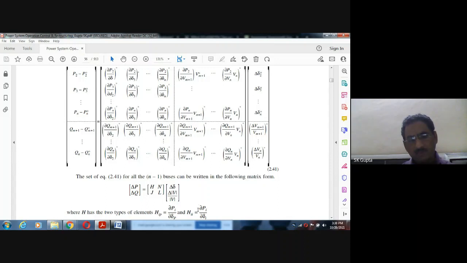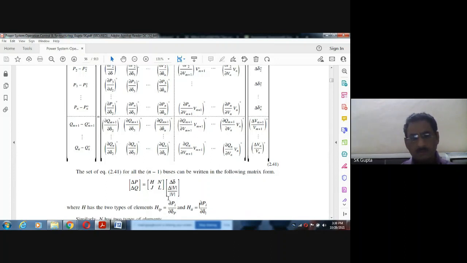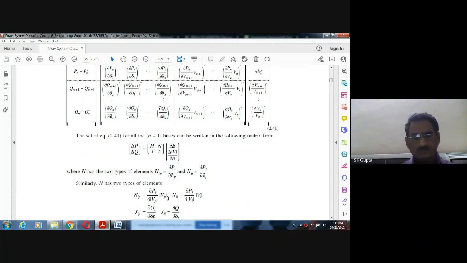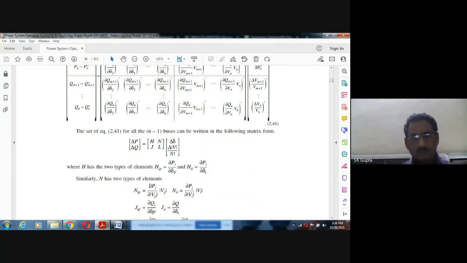And again H will be like this. Pi by delta I, HII means this diagonal element, and the off-diagonal element. We have to calculate this and this. Similarly, in case of N, you see, here I and P mean diagonal and off-diagonal.